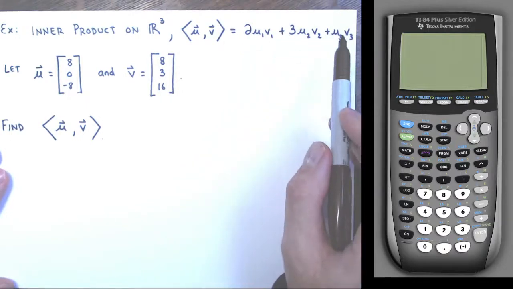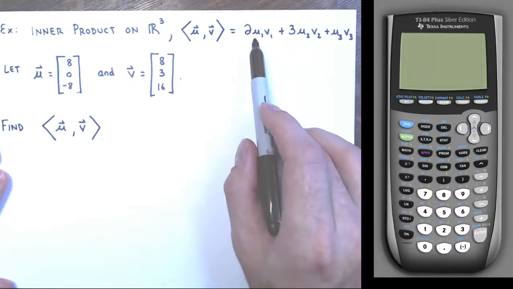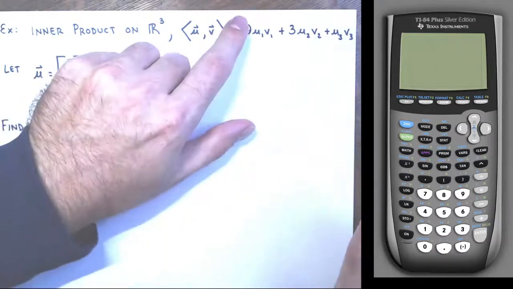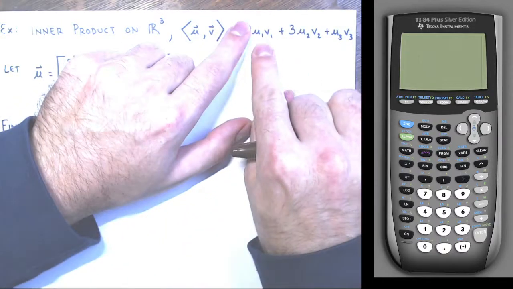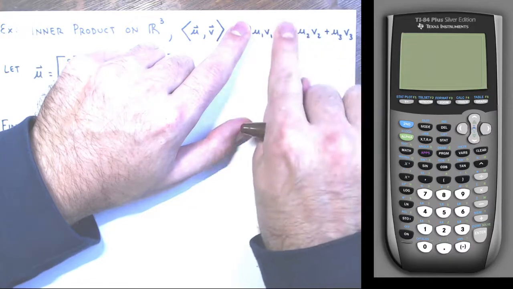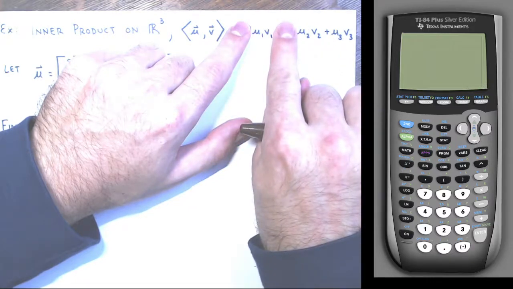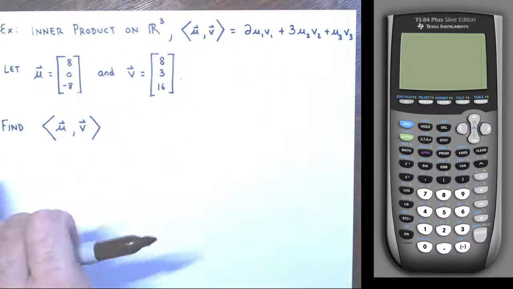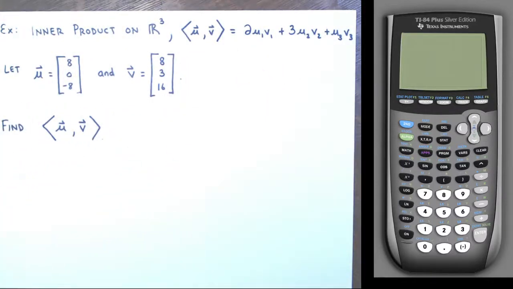And you see how this rule is similar to the dot product? The dot product is just one of each of these: u1 v1 plus u2 v2 plus u3 v3. That would be the dot product if I got rid of those coefficients 2 and 3. But putting positive coefficients other than 1 on some of these terms gives me what's called a weighted Euclidean inner product.